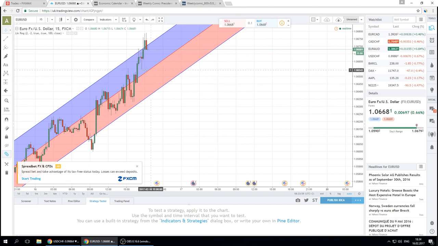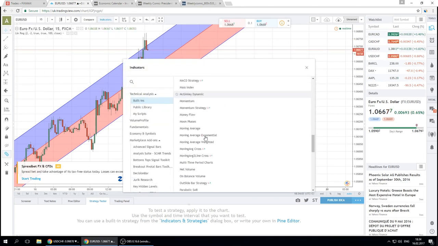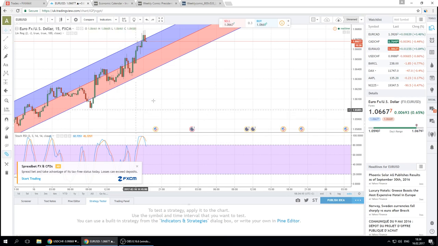So this is a pretty good situation to open the trade. I will add one more indicator. I prefer to open trades that are combined, when I see the combined data from one indicator, from the second indicator, and so on, because we're here to make money and we need to be confident in what we are doing.